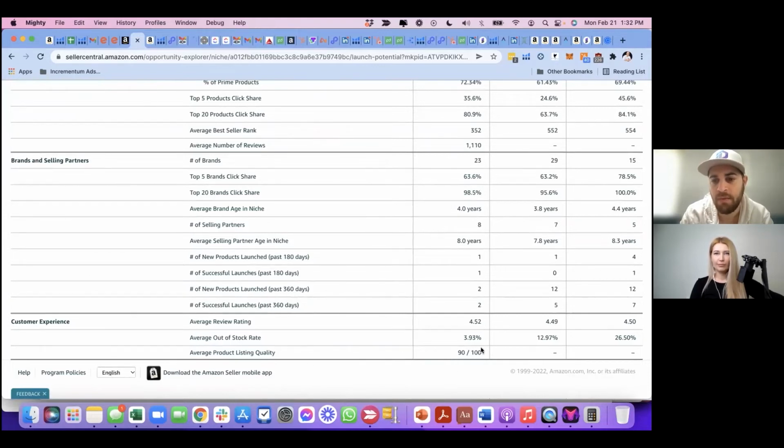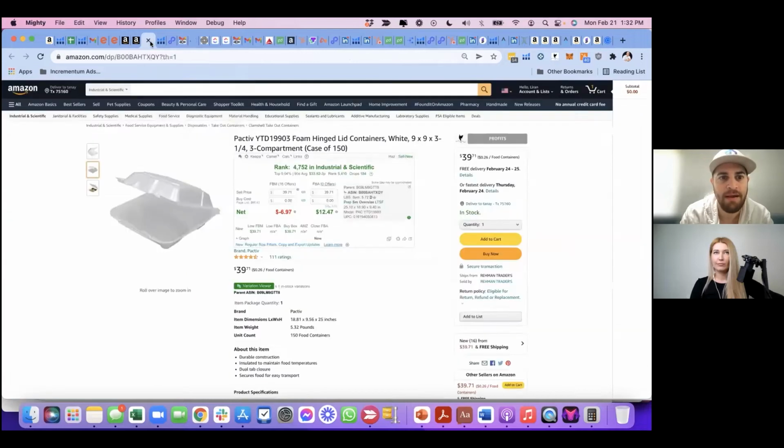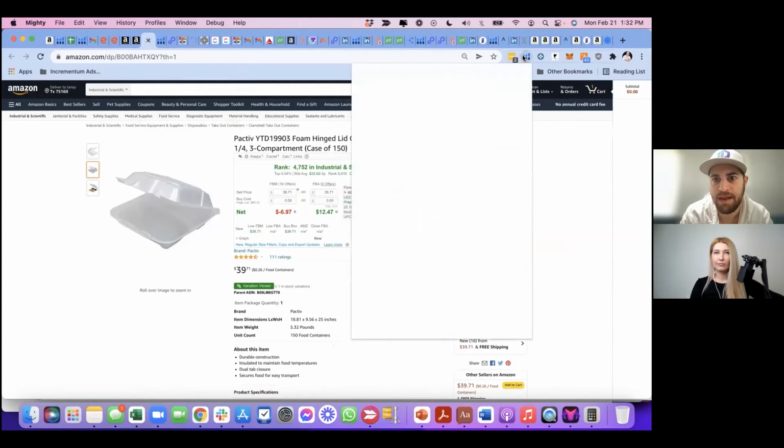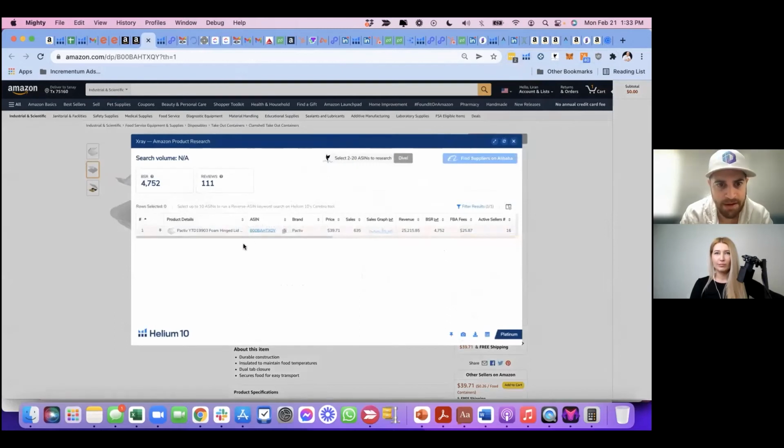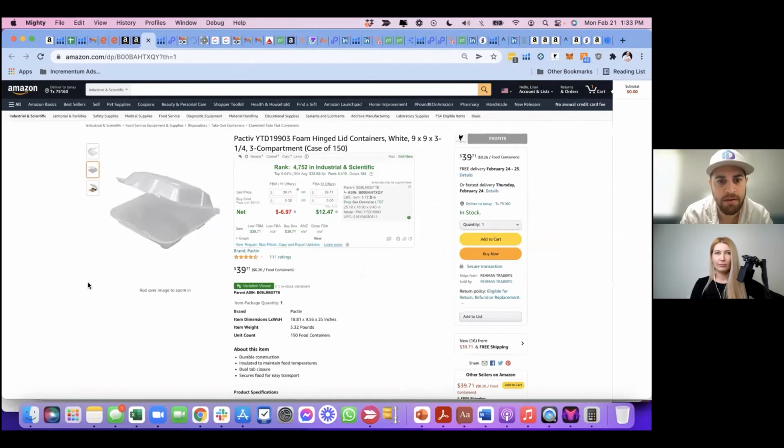So one thing we're sort of learning as we look at this is that this measurement is not a great indicator, because the listing we just saw is pretty poor. I'm sure if we looked at Helium's rating for this particular listing, I don't know if it says it here, but it's probably pretty poor.